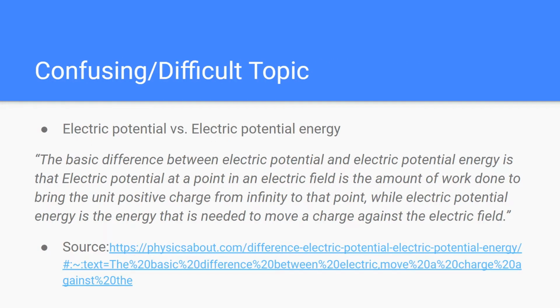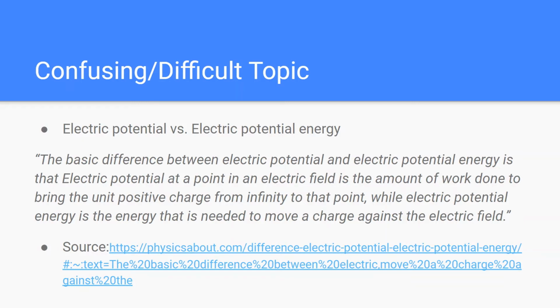Lastly, a confusing topic for this week was the difference between electric potential and electric potential energy. Based on a search on Google, from the physicsabout.com website, it states that the basic difference is that electric potential at a point in an electric field is the amount of work done to bring a unit positive charge from infinity, which is from far, far away, into that point.